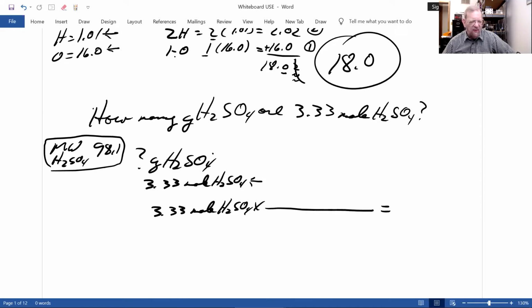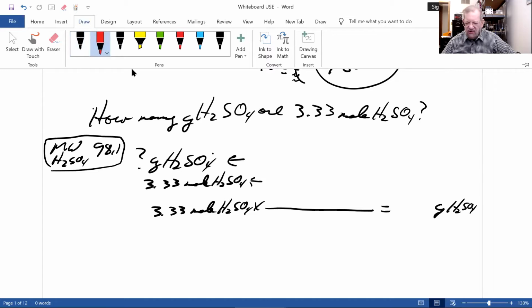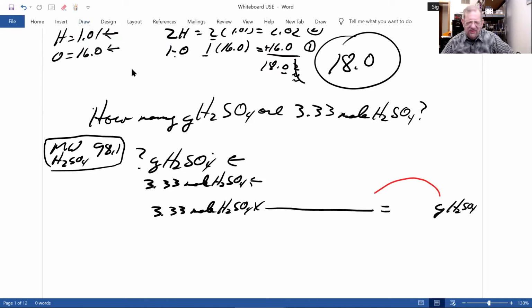What units do I want my answer in? Well, we figured that out: grams of sulfuric acid. And now it's time to use your good buddy, your good friend, unit analysis. Whatever you're trying to get to goes on top of the ratio. Whatever you're trying to get rid of goes underneath, unit-wise.